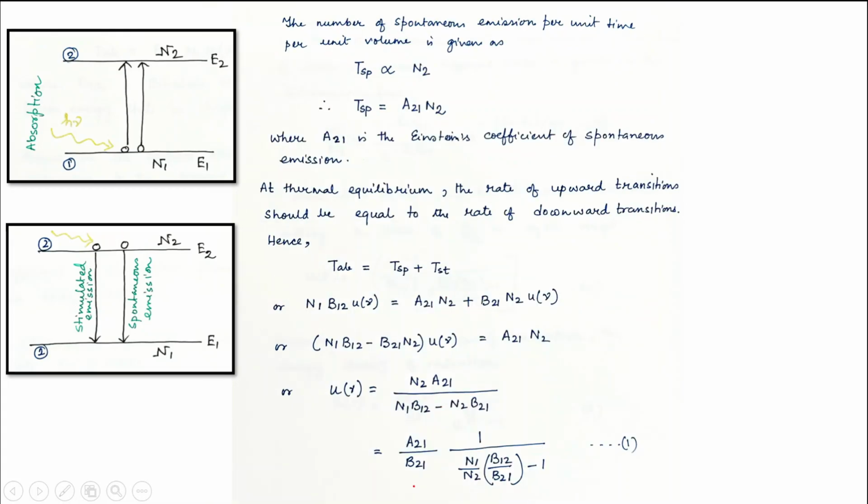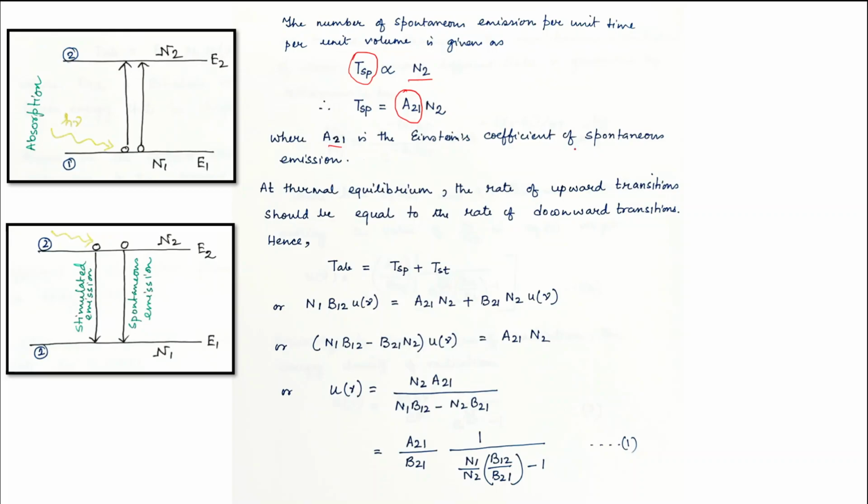Now let us look at the spontaneous emission. The rate of spontaneous emission, we have considered this as T_SP, is dependent on the population of the level E2. So this is equal to A21 into N2. What is A21?